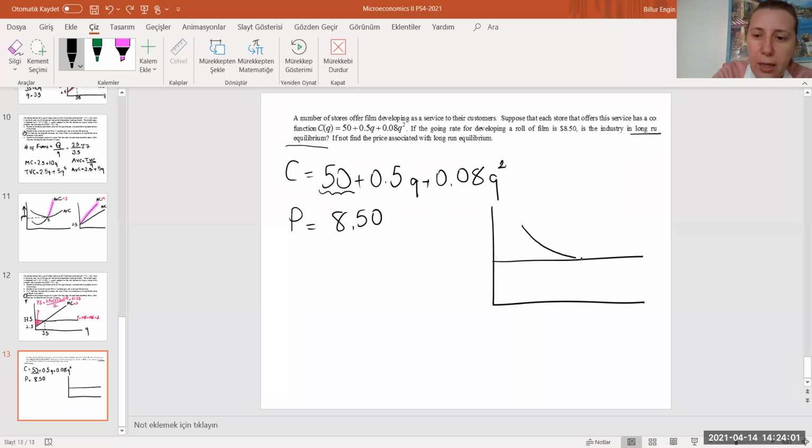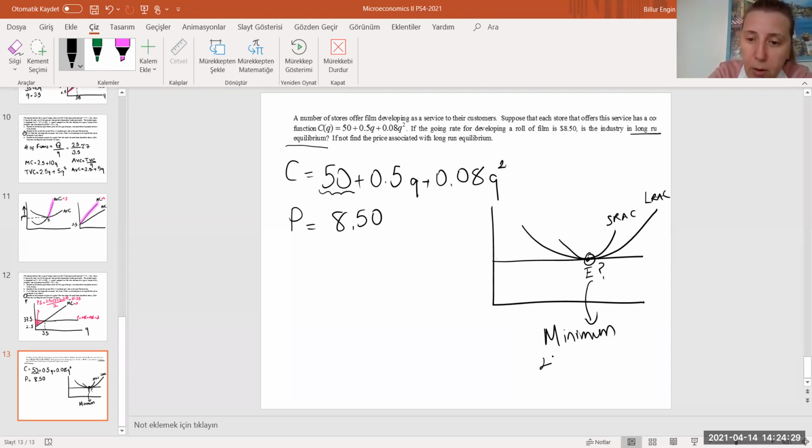So we will check if this is this point. This is long run average cost, and also one of the short run average costs is minimized here. We have that short run cost function. So we will check if we are at this point, point B. The name of this point, please remember, is the minimum efficient scale.